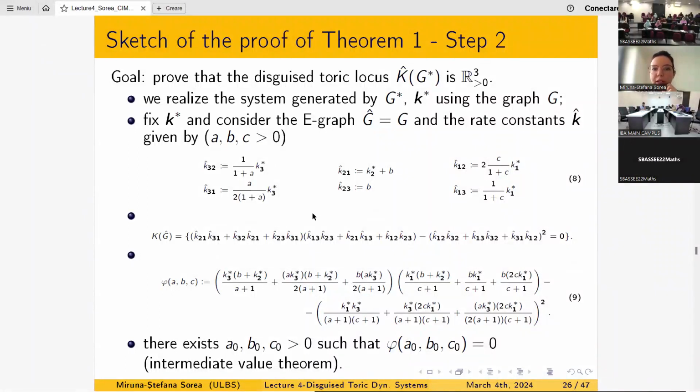We want to show that there exists such a new parameterization, with A, B, C as variables, such that the K hats are on the toric locus.